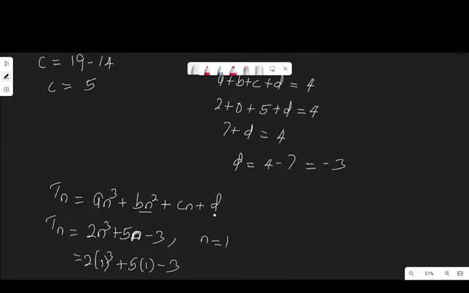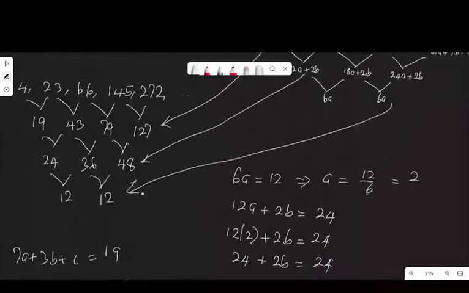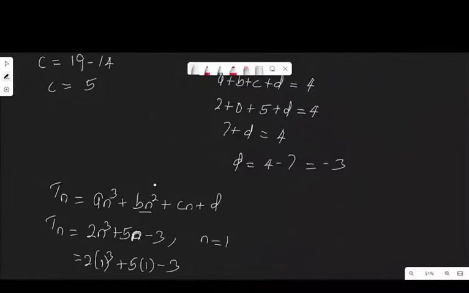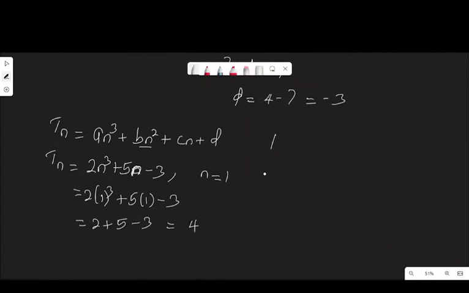Does that agree with the first term of the sequence? Yes, the first term is 4. Let's check it for the second term to be 100% sure that our formula is correct. So n equal to 2. Putting 2 here, I'll have 2 times 2 to the power of 3 plus 5 times 2 minus 3.